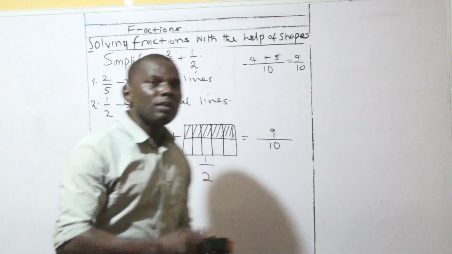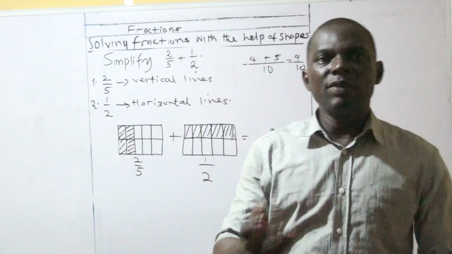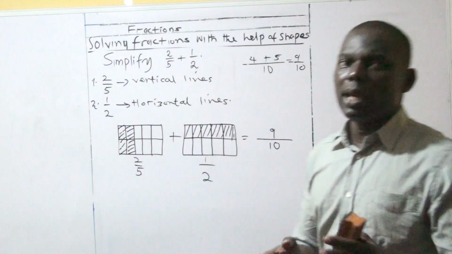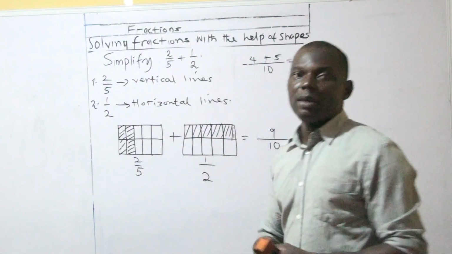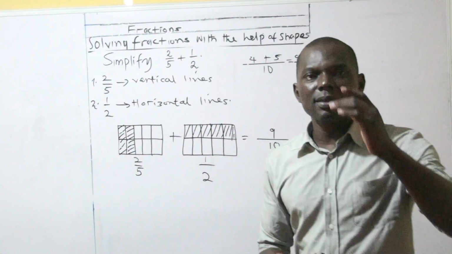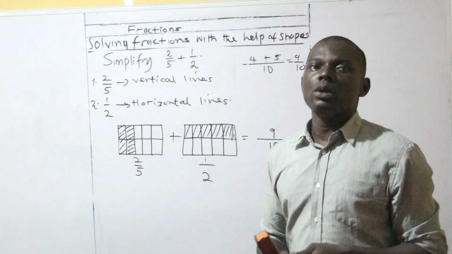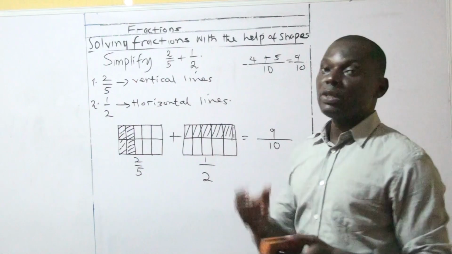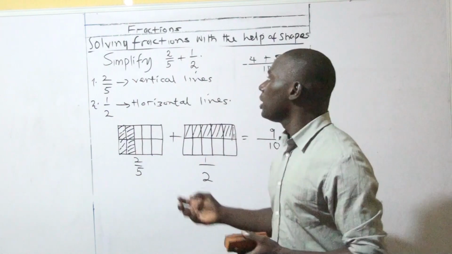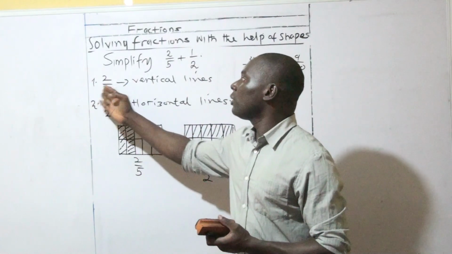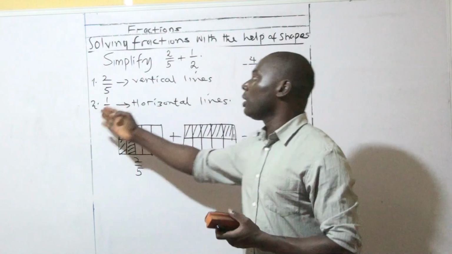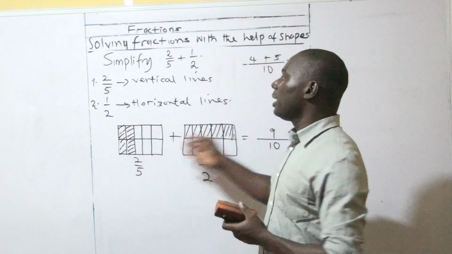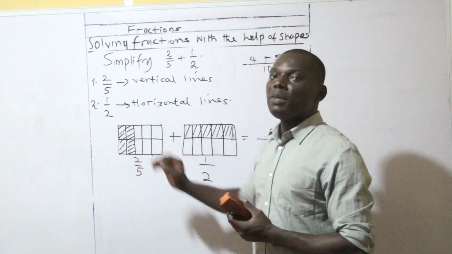So we can now see that it is very easy, with the help of shapes and lines, we can conveniently resolve fractions whose denominators are different. The first thing you must do is pick the first fraction, assign the line to it, take the second fraction, assign the line to it, and illustrate it with the help of the shape.